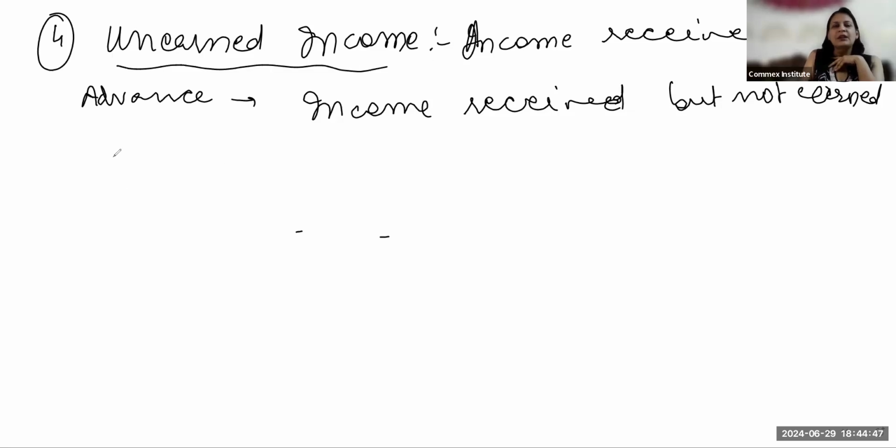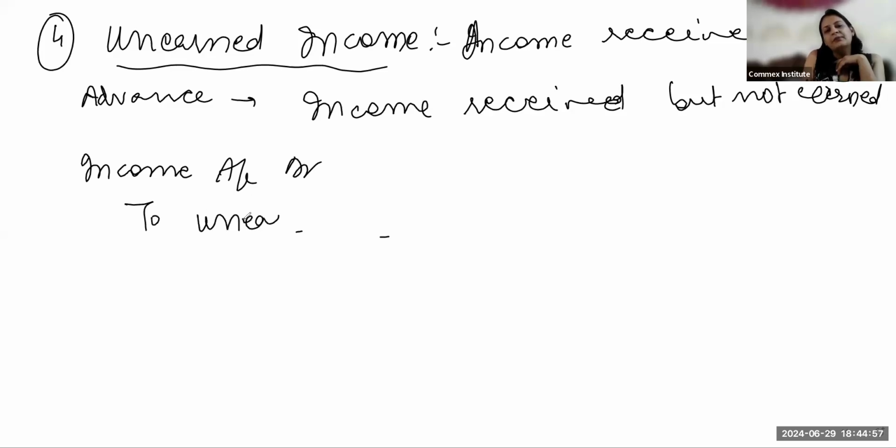So the entry would be income account debit to unearned income. That will be the specific income. This I'm telling you is the generic journal entry. It can be unearned commission, unearned interest, or unearned rent if you are the landlord.